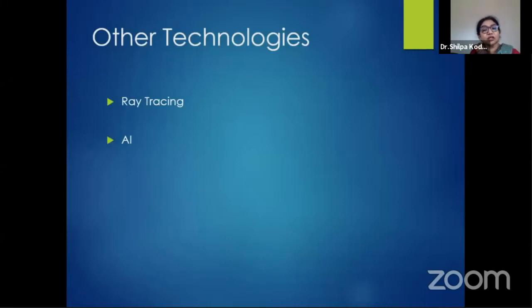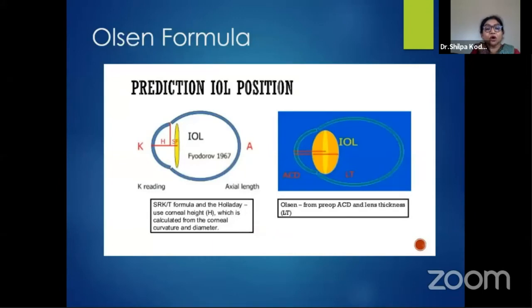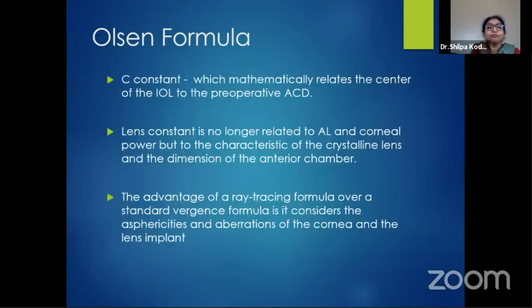Now, there are other technologies like ray tracing and artificial intelligence. The Olsen formula uses ray tracing, wherein it takes into consideration the lens thickness and the preoperative anterior chamber depth, as opposed to the earlier formulas, which would take in the corneal height or the corneal diameter.